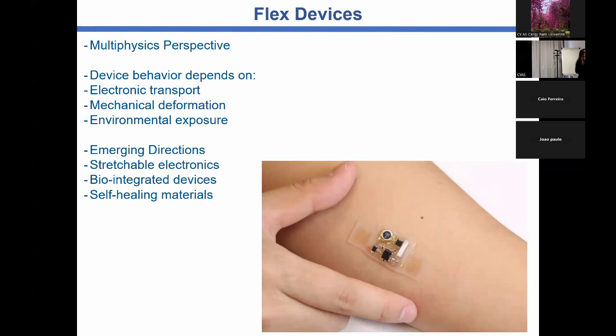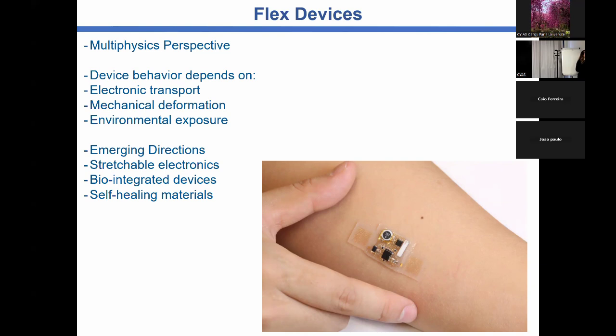So just to give an overview on these flexible devices, there is a multi-physics perspective. If you see one layer, you can think about the physics behind this layer, but you can also think about the processability on large area. What is the most important thing related to the large area deposition?